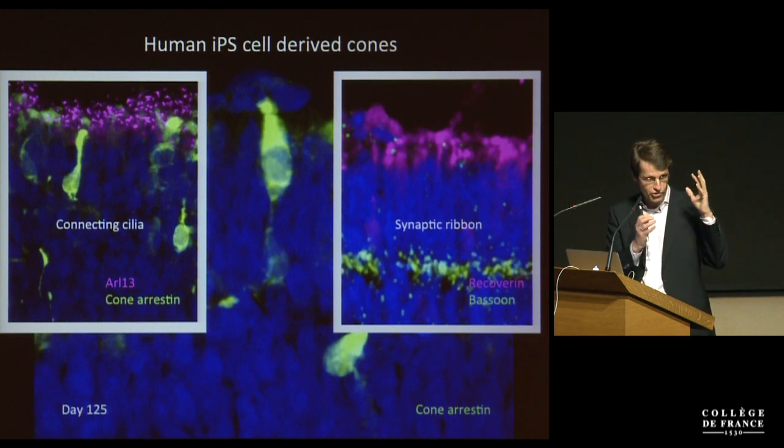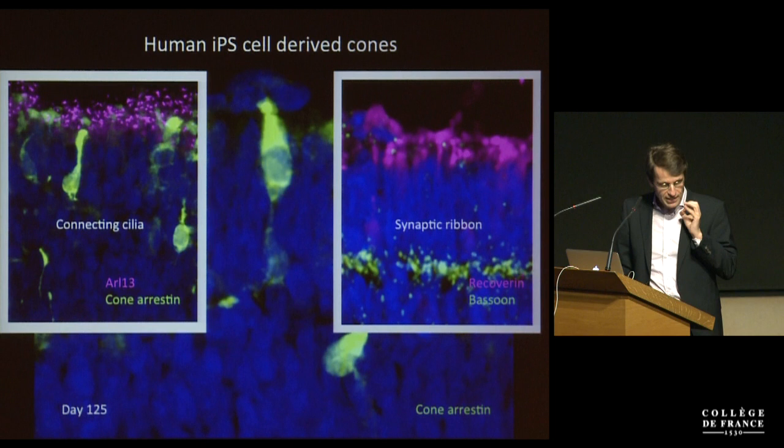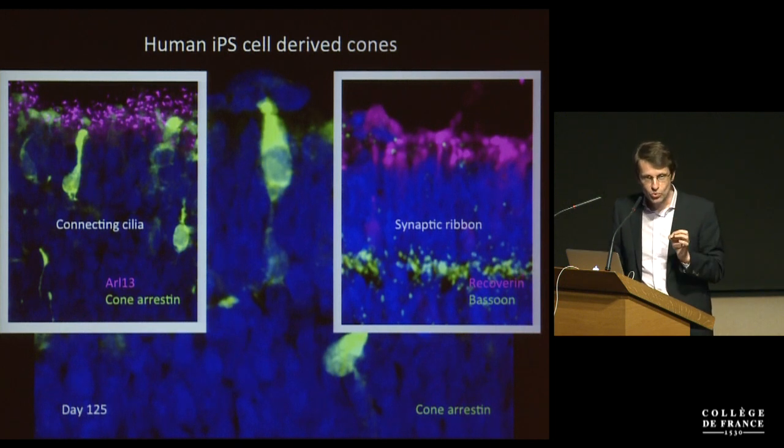In many cases, you get partials here and there, half cone, half rod. So we learned that the way to go, for us at least, is to choose 2 or 3 lines which we can repeatedly make similar cones from, and then engineer a mutation into those lines.